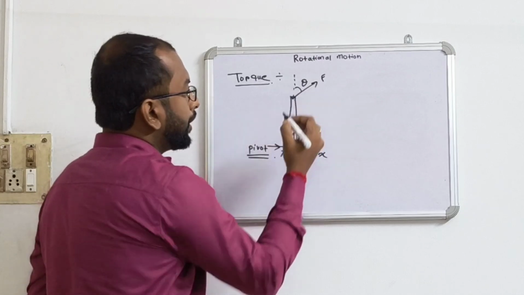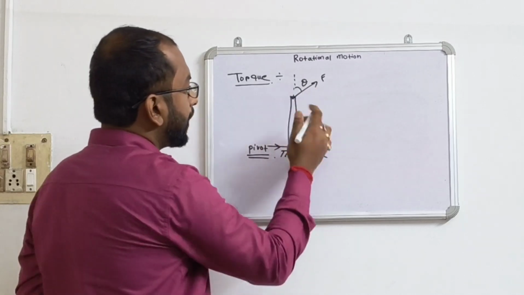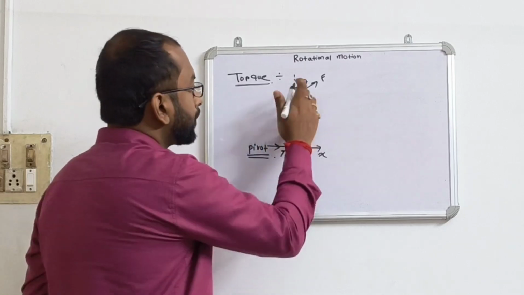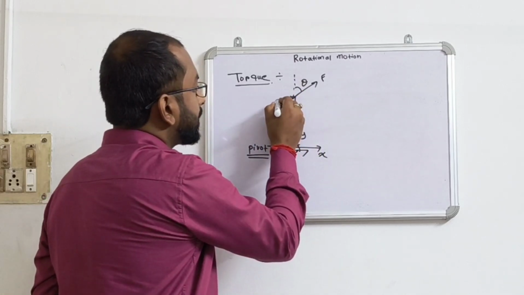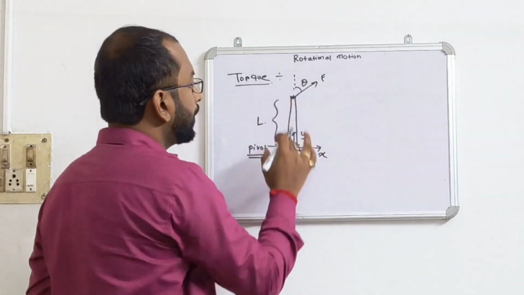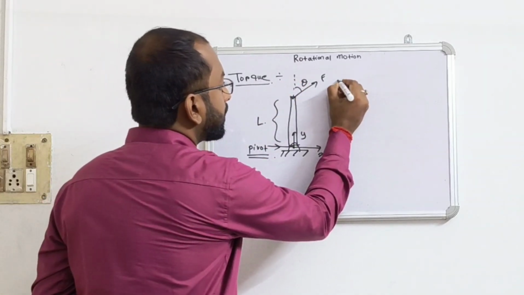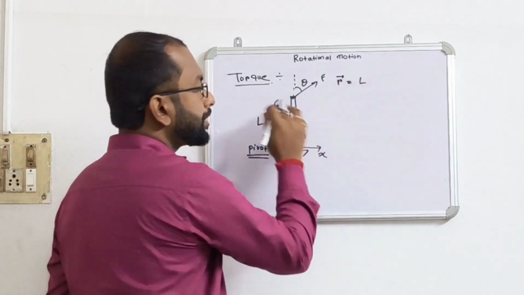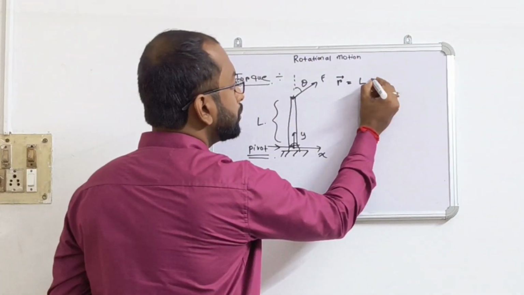For this point, the direction vector will be counted from this pivot point. Let's say the rod length is L. What is the direction vector from the pivot point? We write R, which in this configuration is L times j cap.